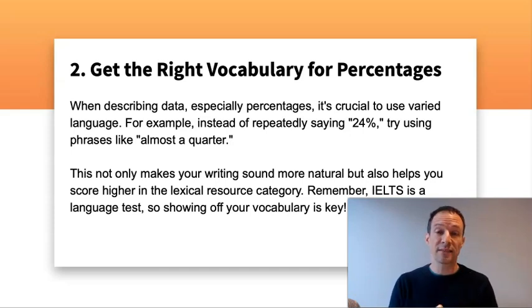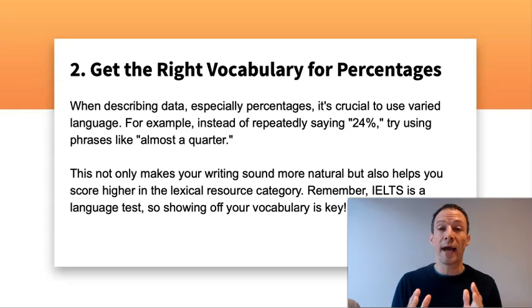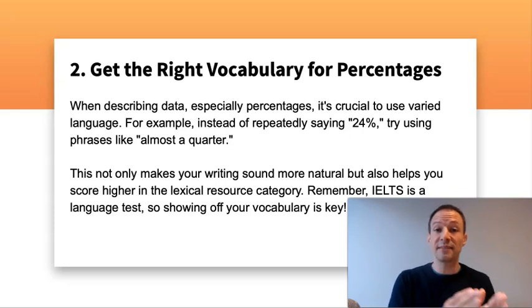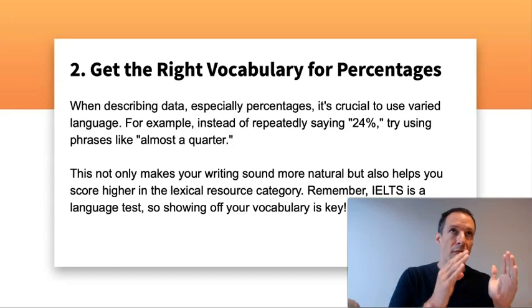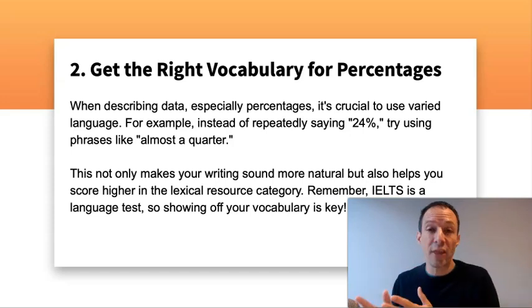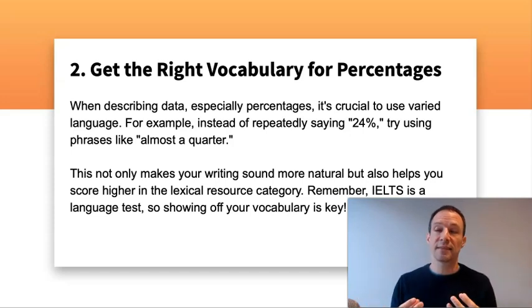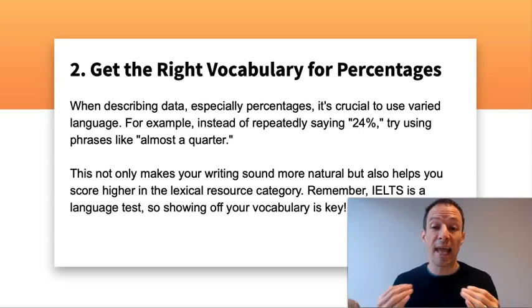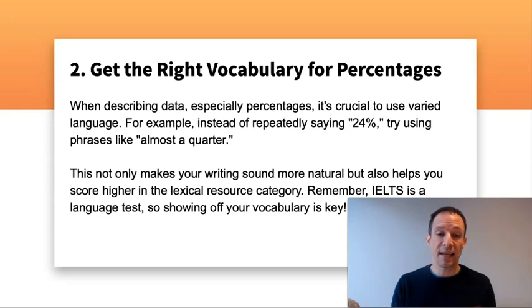Now for pie charts, we need to brush up on our percentages. 50% is a half, 30% is roughly a third, and so on. We need to get familiar with this so we're not trying to relearn it in the exam.